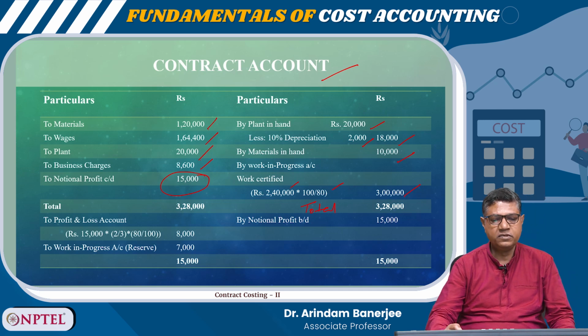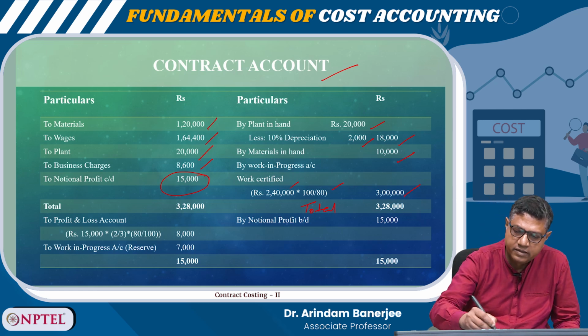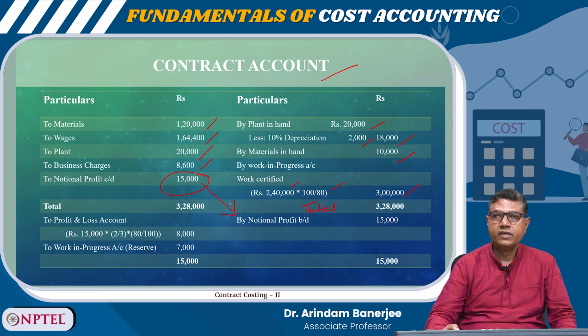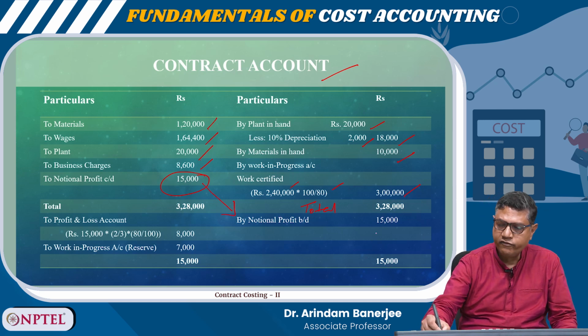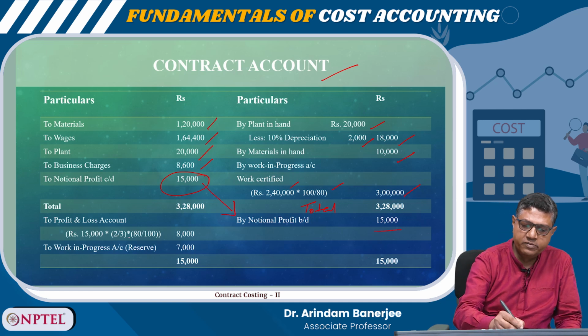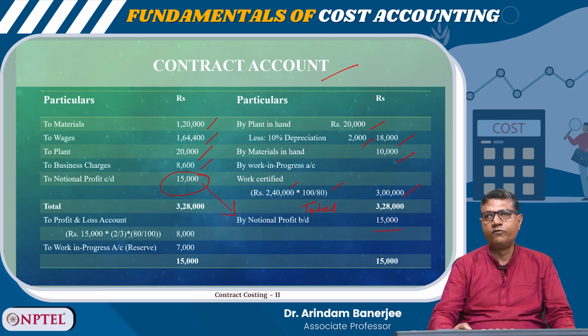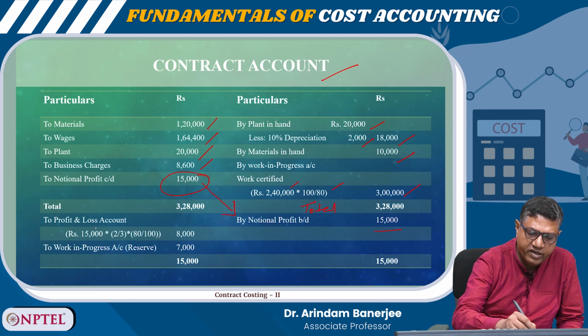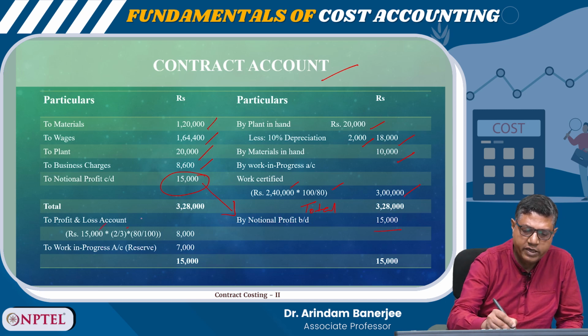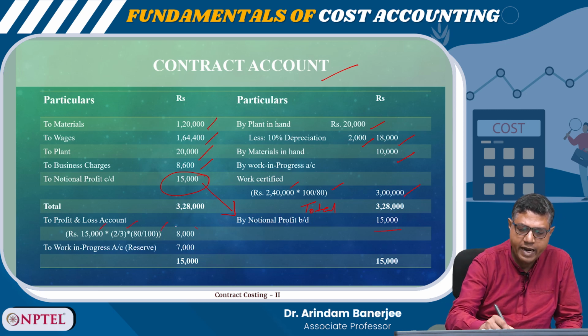Now, for calculation of transfer to the profit and loss account, this notional profit I am bringing down here, 15,000, and out of which 2/3, because 80% work is certified. So, 15,000 into 2 by 3 into 80 by 100, it comes to 8,000.